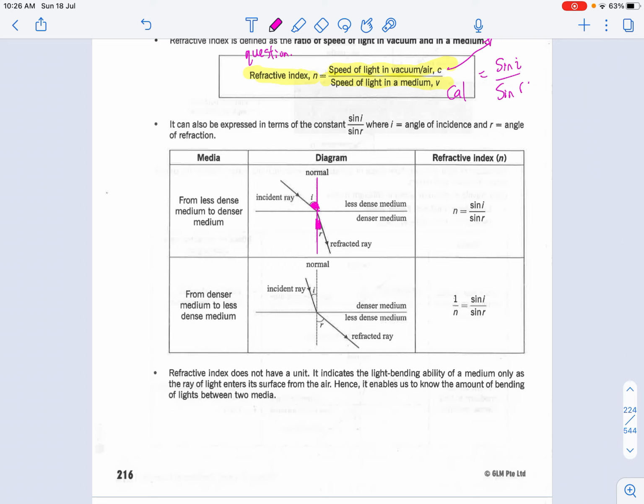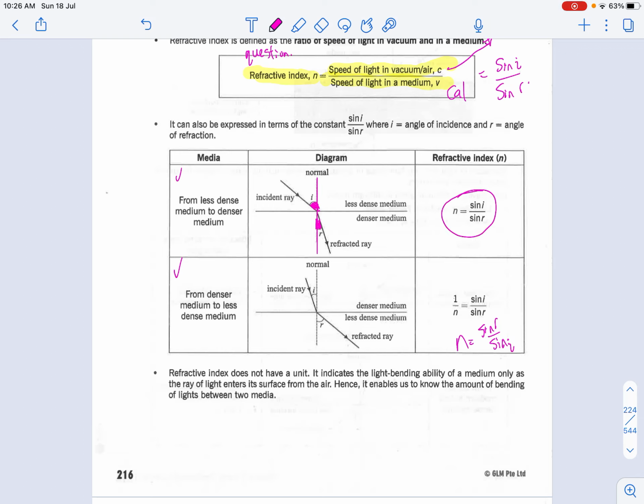So this is where you would have to readjust the refractive index, where it is actually 1 over n equals sine i over sine r, or what we call n equals sine r over sine i. This is in the event that you're moving from a denser medium to a less dense medium. A lot of students tend to have a misconception for these two. So always take note, first you check the optical density, which medium is from where to where, then you use the respective formula.